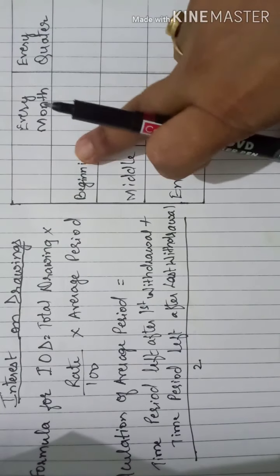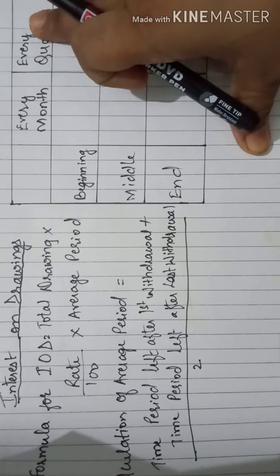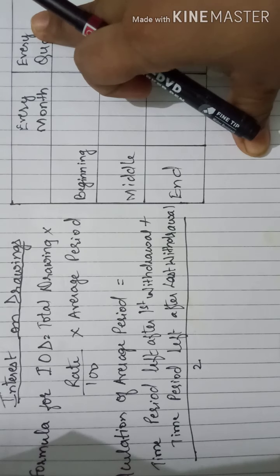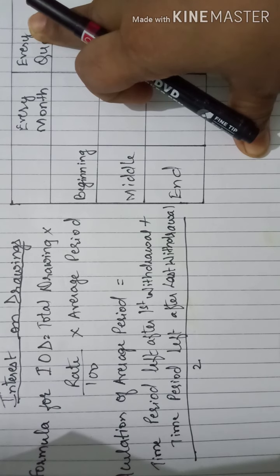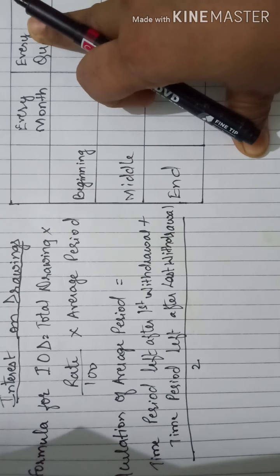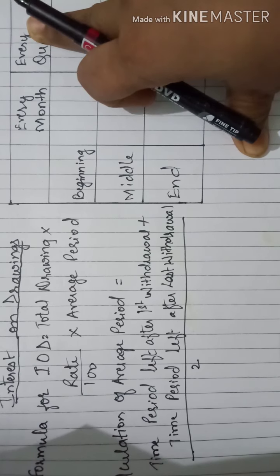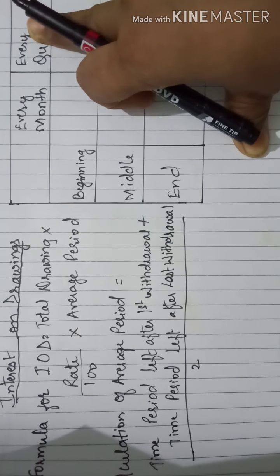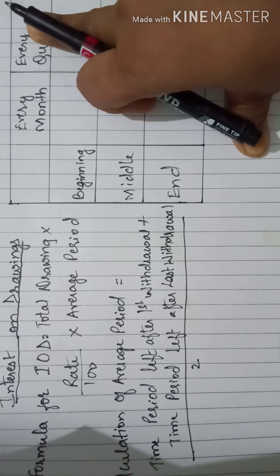Same way, if the withdrawal is at the beginning of every quarter. Now what do you mean by quarter? How many months does a quarter make? 3 months. I hope you all know that means January, February, March. So 3 months make 1 quarter.